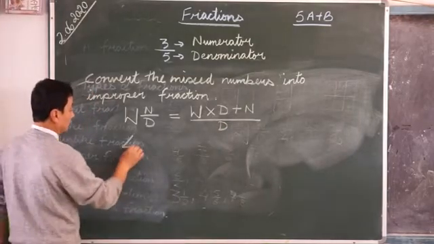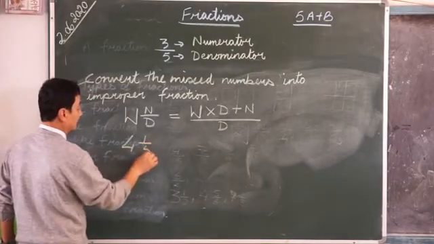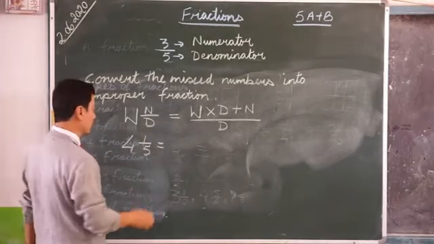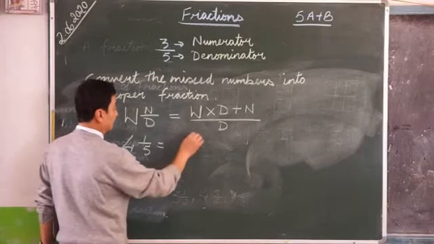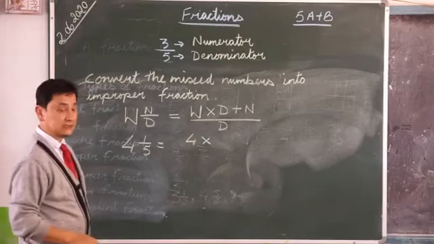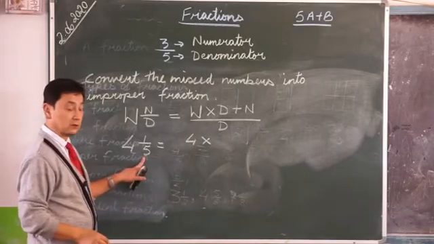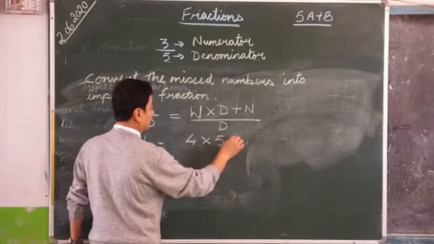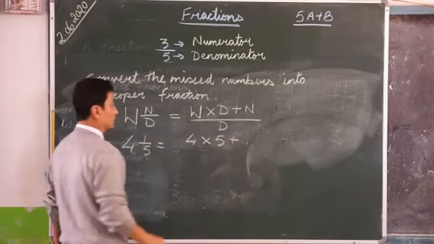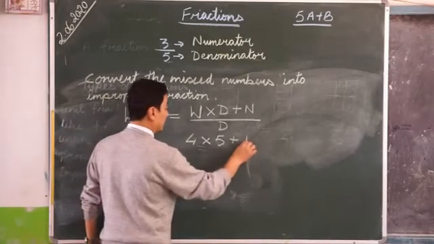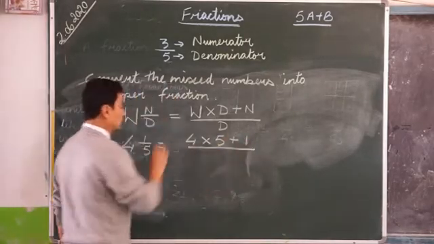Ready? 4, 1 upon 5. Now what does it show there? W is the whole number. How much is the whole number? 4. Into, what is the denominator? How much is the denominator? 5. Plus numerator. What is the numerator? 1. Upon denominator.